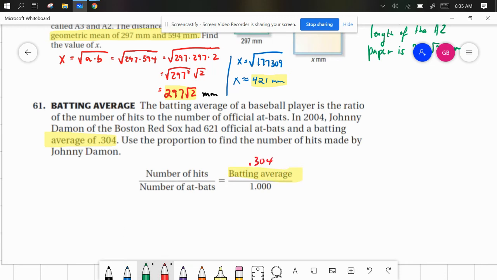And then we also have 621 official at bats. That number goes here. So we have three of the numbers. We're just missing the number of hits. So let's just call this x.